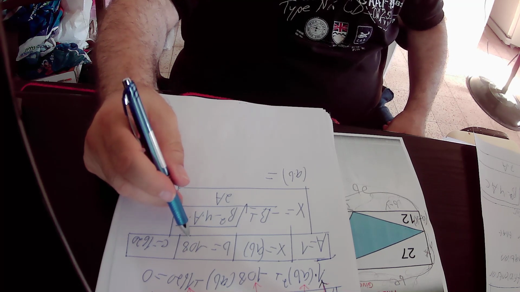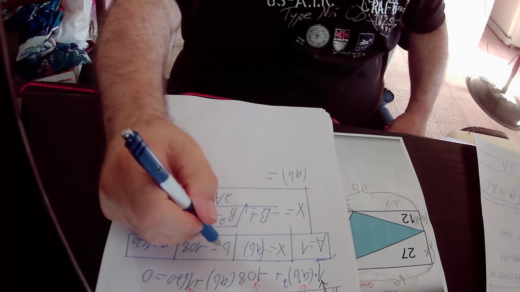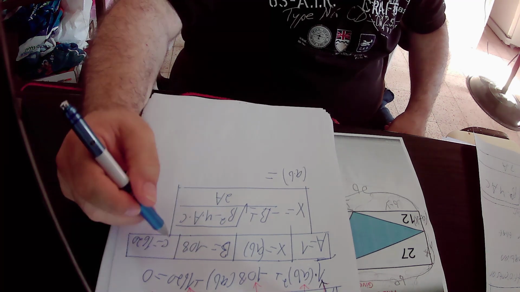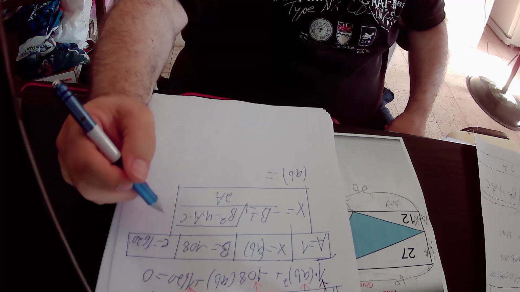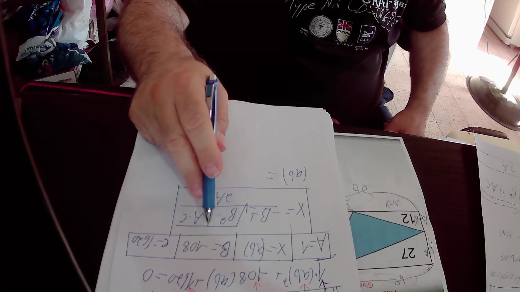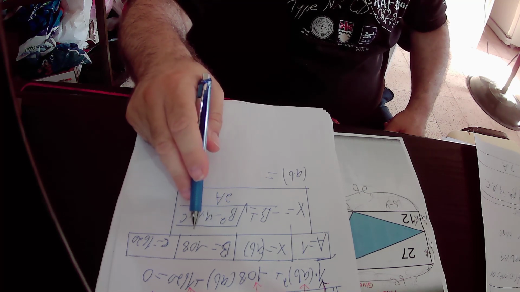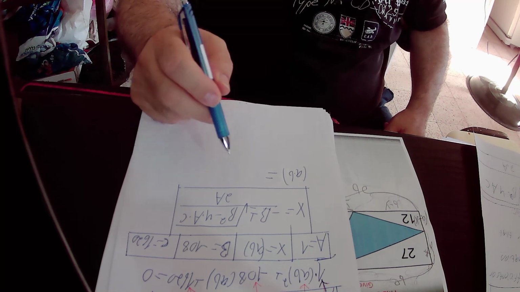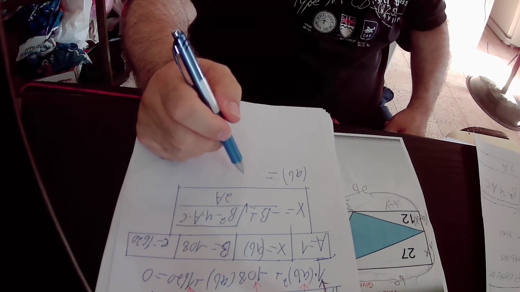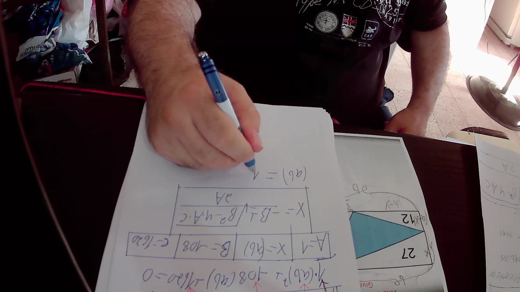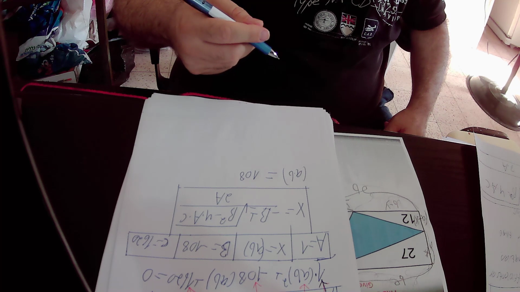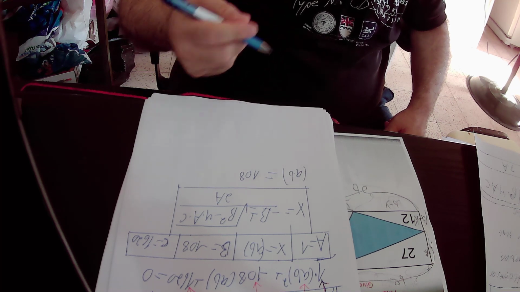Here b equals negative 108, so minus b is minus 108, that equals 108, because minus times minus is plus.